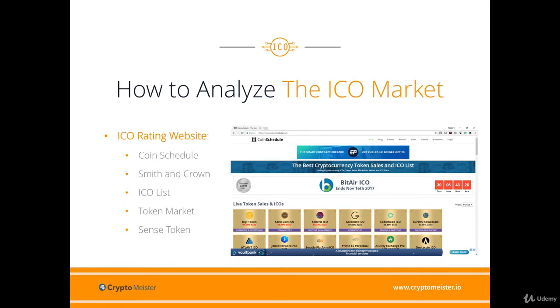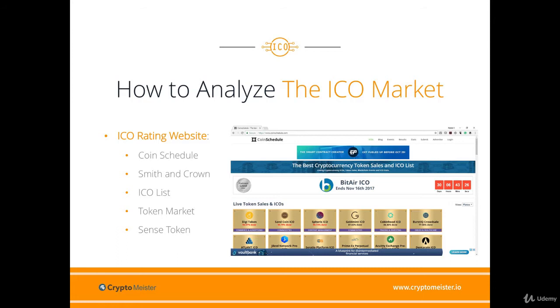ICO rating websites are a very good resource which allow you to compare different ICOs, read ICO news, make yourself aware of any alerts or issues, and find ICOs to participate in. Here are a few options to get you started. Coin Schedule is a little overwhelming when you first visit, but the site does provide solid analysis of current and upcoming ICOs. Smith & Crown is a curated list of ICOs and provides current market information on established cryptocurrencies.